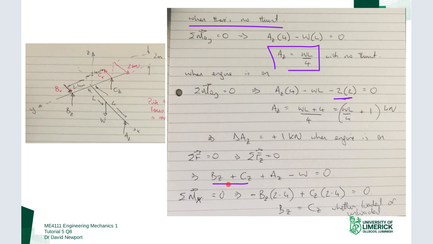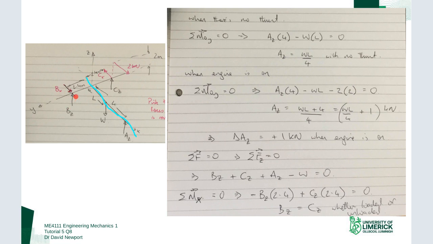Now I need to figure out, well, how are they going to decrease individually? How's that going to be distributed? So if I now look at my x-axis, if I take this axis along here, and I take moments about that axis, it's a pretty straightforward balance.